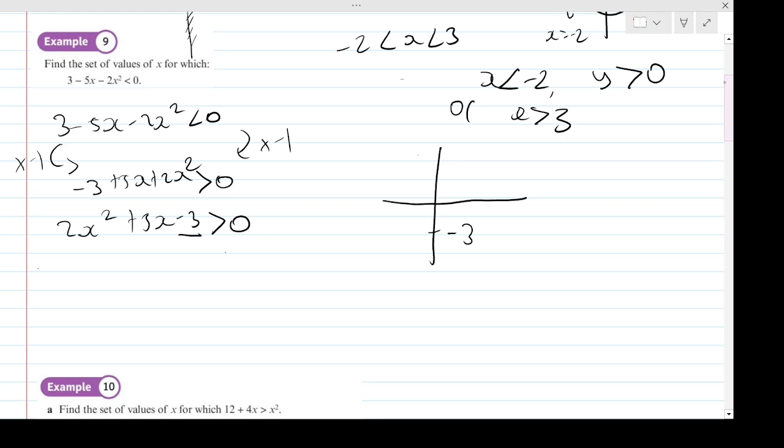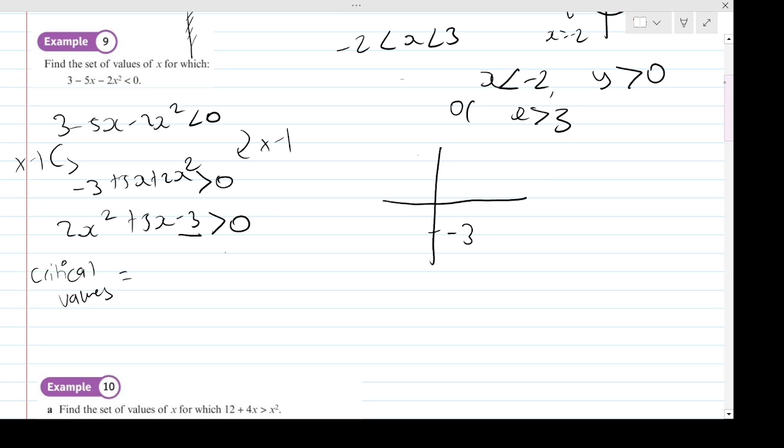I'll write that here: critical value. So the critical values are the roots of an inequality. Because it's an inequality, not an equation, they're not technically roots, even though you are solving it in a way. Anyway, we call them critical values. I'll explain why in a second.